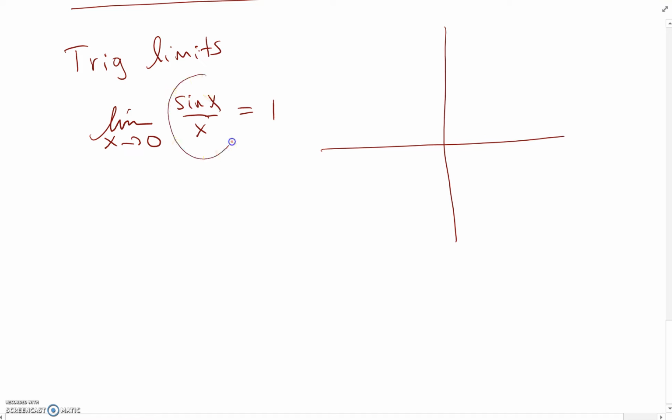so if you graph this function right there, it's going to look something like this. It's going to come up. Let me just do it quick. Sin x, I'm doing it on my calculator, divided by x.